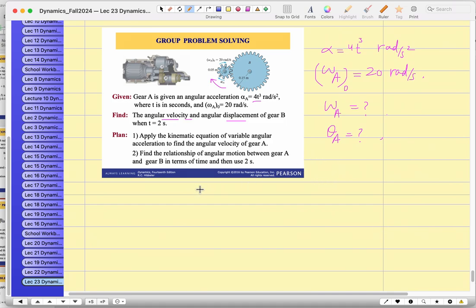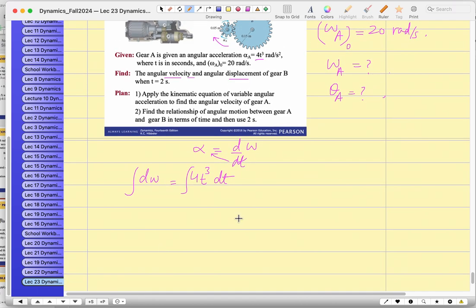You know that alpha equals the time derivative of the angular velocity, and I'm given 4 times t cube as alpha. I can just cross multiply this dt over here and do the integral. This is the formula which you have to integrate from 0 to a certain value.